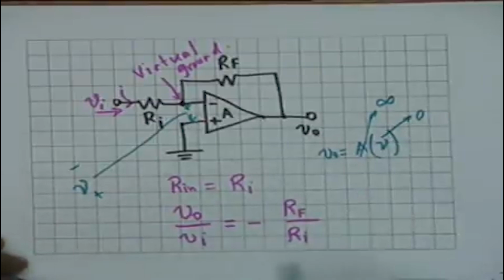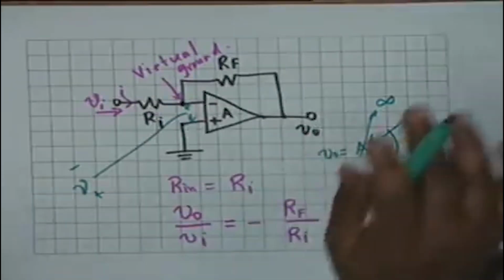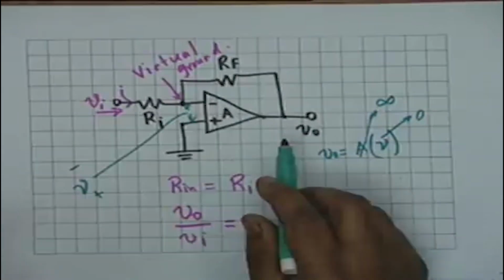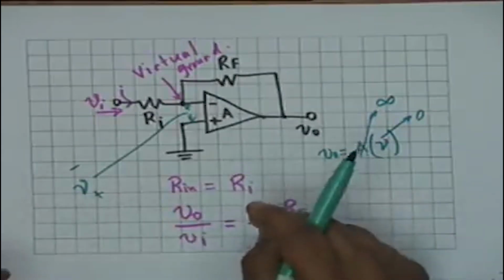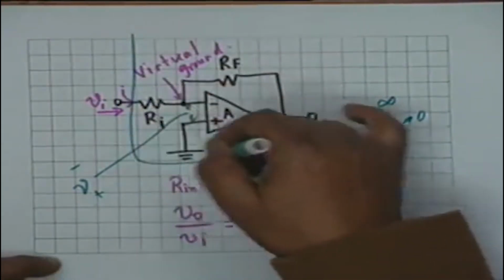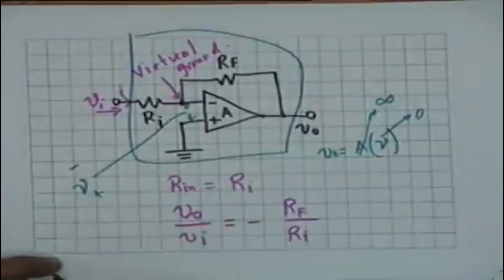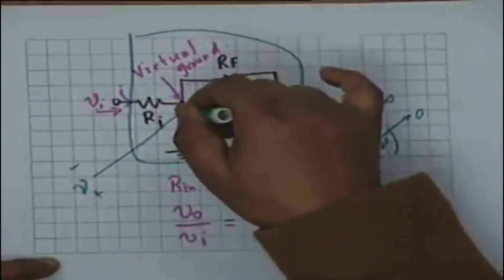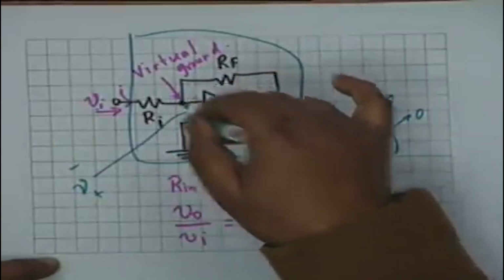This was the assumption. Now, the gain that we are talking of is not with respect to what is applied at the inverting terminal directly. It is applied through a resistance, and therefore the total amplifier gain is V0 divided by this Vi, not what voltage appears here. Agreed?